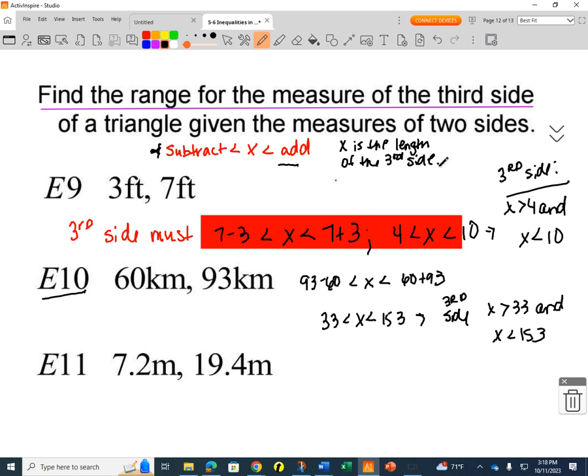All right, last but not least, we're subtracting 19.4 and 7.2, plugging it into our formula. So 19.4 minus 7.2 is 12.2, which is less than x, which is less than 19.4 plus 7.2, so it's 26.6.